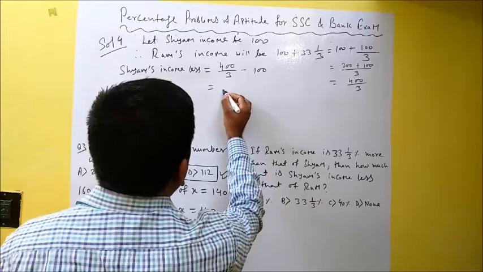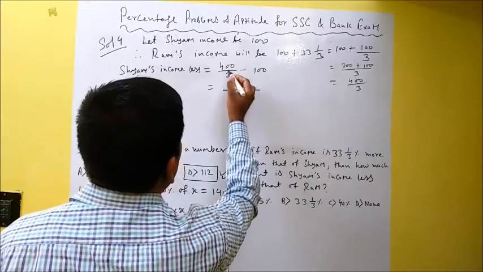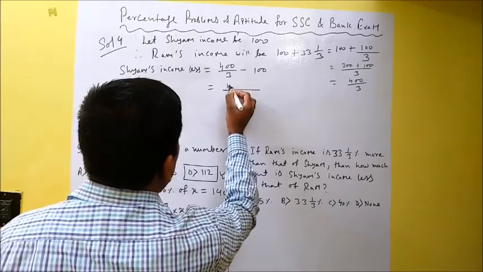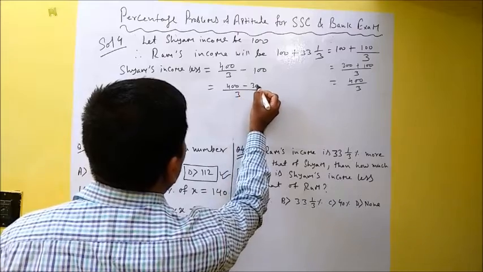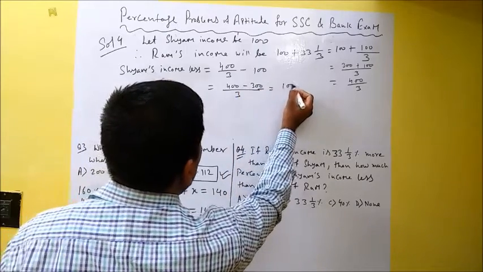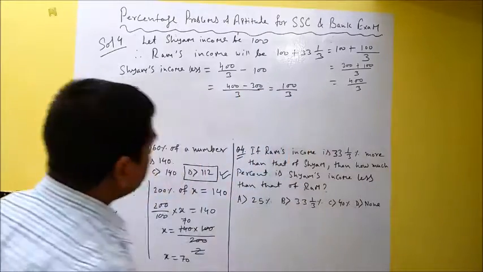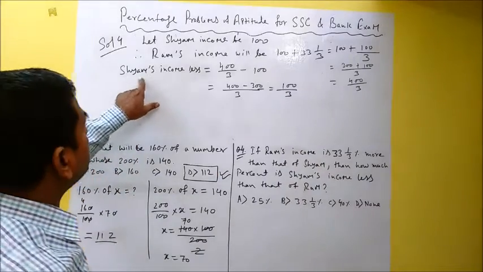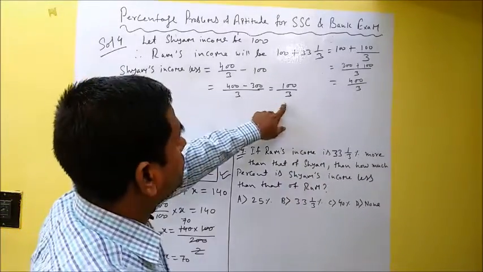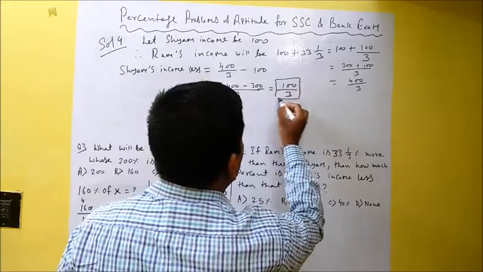This will give 400 minus 300, which is 100 by 3. So Shyam's income less than Ram's income is 100 upon 3. So this is the number.